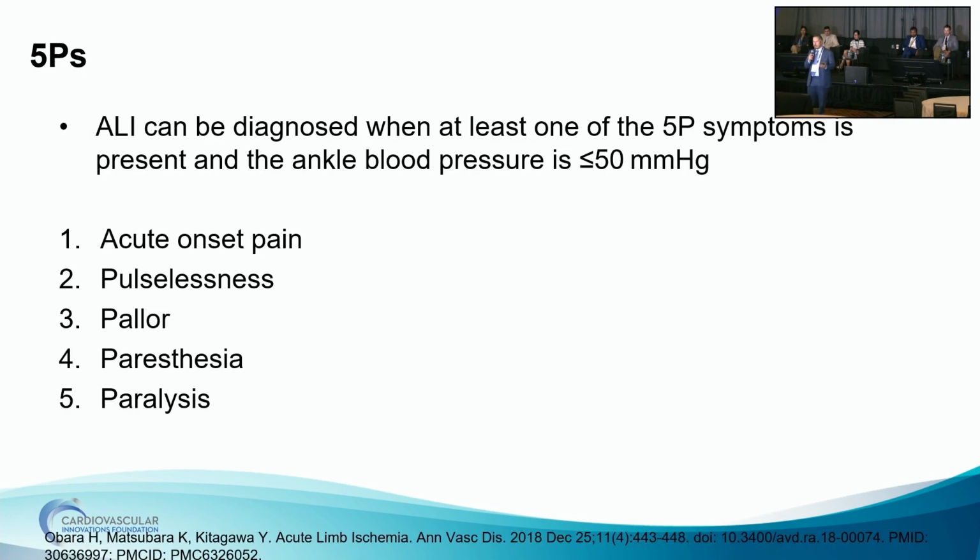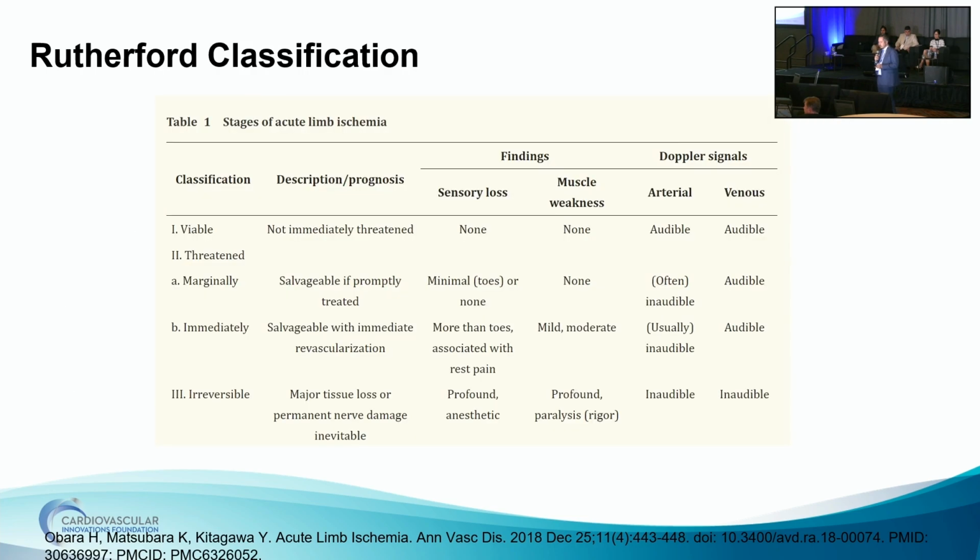So it's important to go back to medical school, the 5 Ps to recognize acute limb ischemia. And in this case, it's the acute onset of the pain within 24 hours, the pulselessness, the pallor, the paresthesia, and the paralysis. This is a nice paper that was published in the Annals of Vascular Disease journal. And it's very important for us to recognize this.